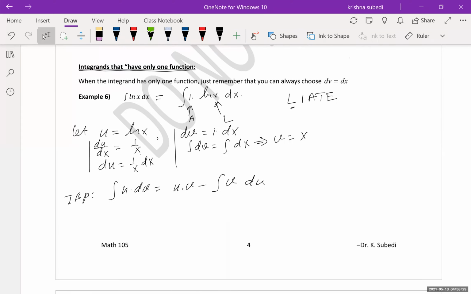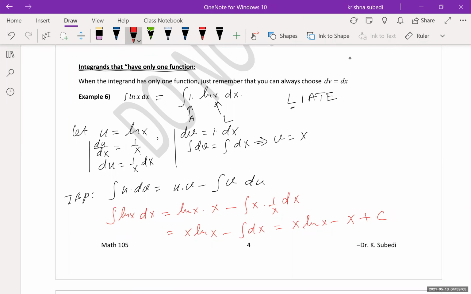So substituting the values in the formula, integration of u dv, where u is ln x and dv is dx, equals u v, that is ln x times x, minus the integration of v du, where v is x and du is 1 over x dx. So that gives me x ln x minus, x cancels out, you simply get dx, so which is actually x ln x minus x. Integration of dx is x, plus the constant of integration c.